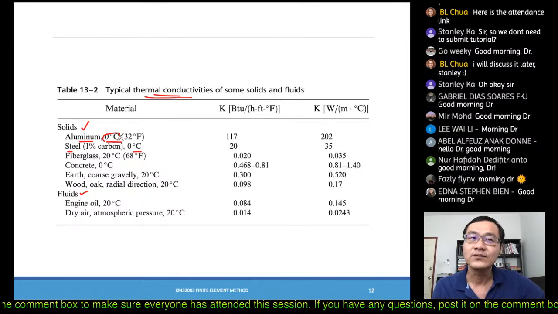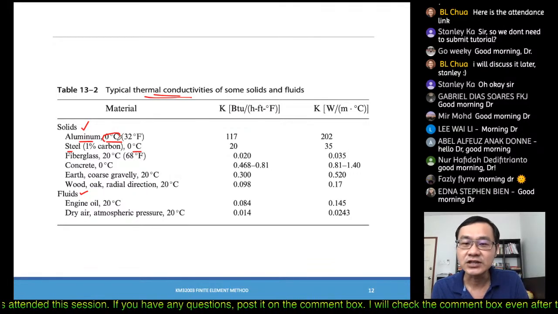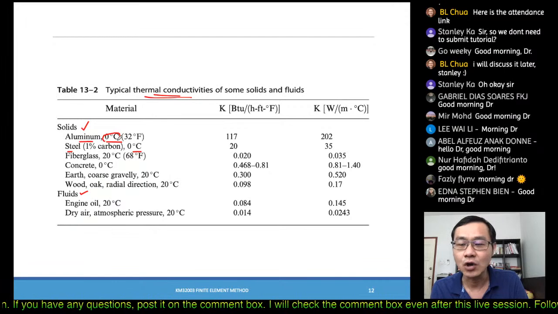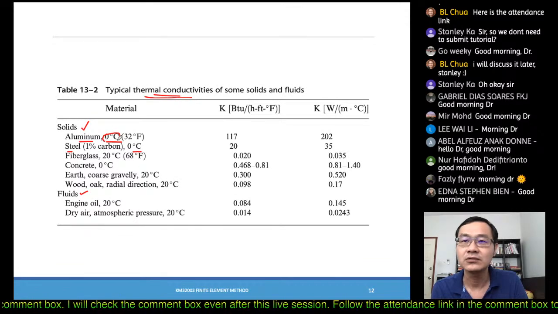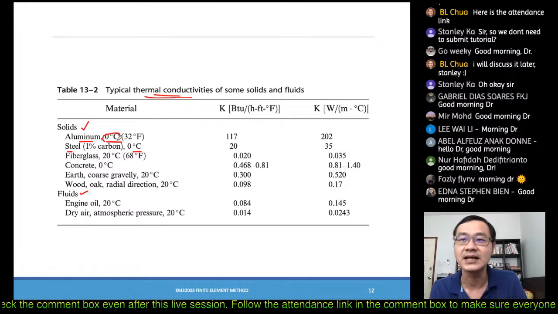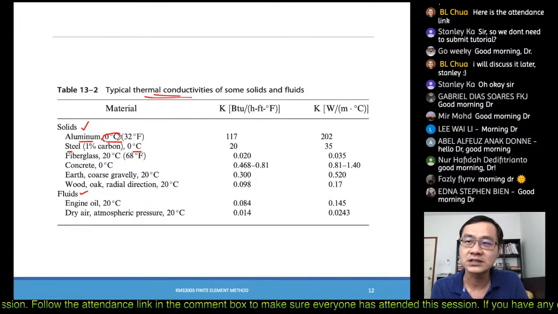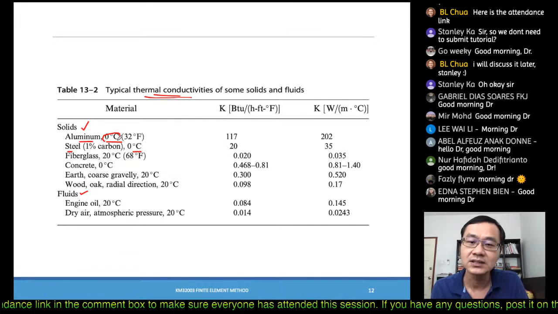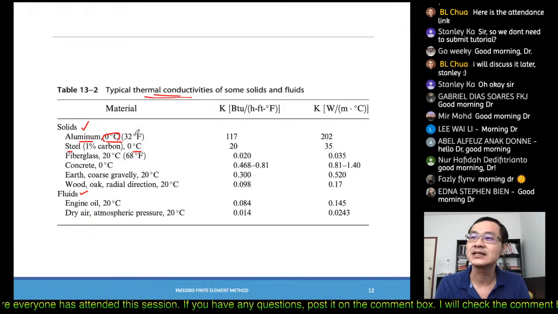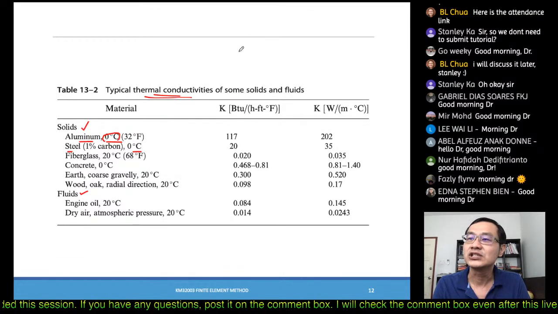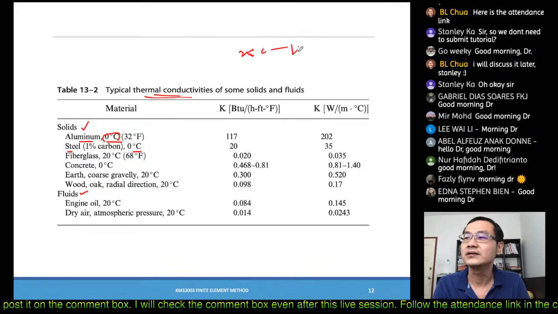But if in your analysis the change of temperature is very low, maybe about 100 degrees Celsius, then in that case you can just find one thermal conductivity at the average temperature. Let's say the temperature range is 25 to 100 degrees Celsius.